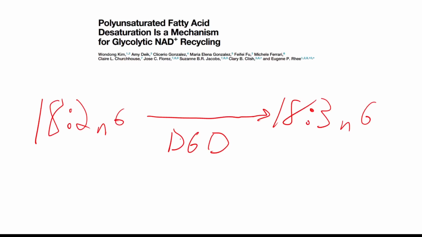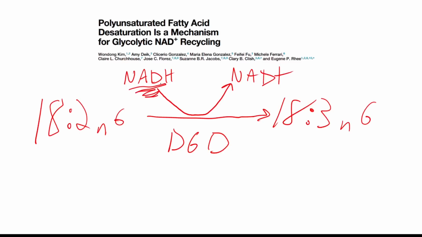So here again, we have our delta 6 desaturase reaction converting 18:2n6 to 18:3n6. And what happens is this reaction uses a molecule of NADH and it produces an NAD plus. And so what that means is if you have a lot of NADH, this reaction is going to happen faster. This is essentially going to drive that reaction forward.